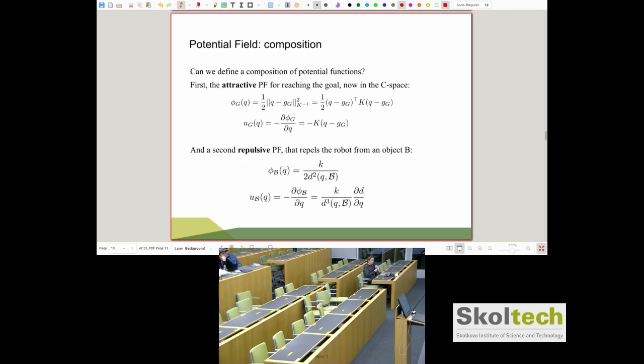Okay, now, how can we define this potential field? This example was correct if we have an empty space. If you have an empty space and a goal, you could do something like this distance to the goal, so this could be your potential.